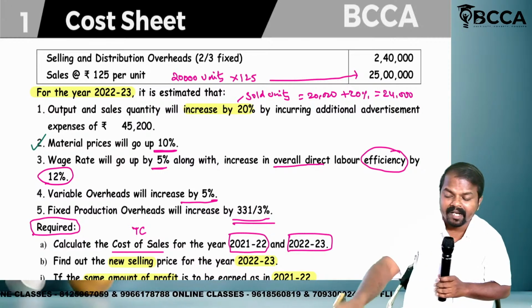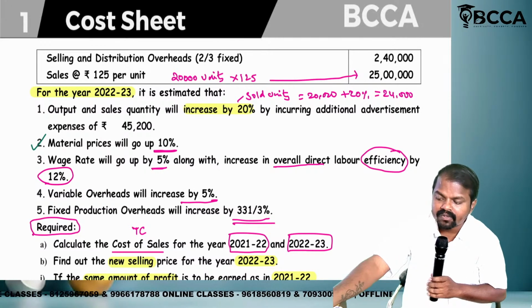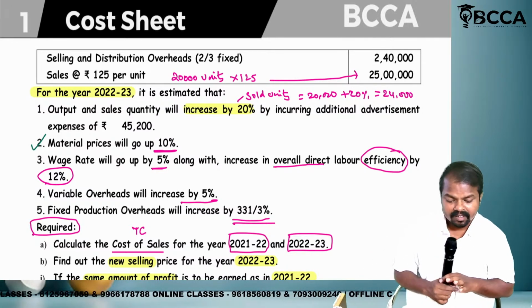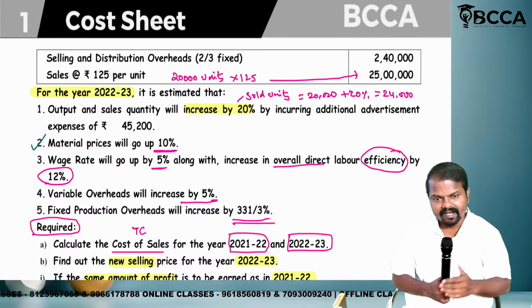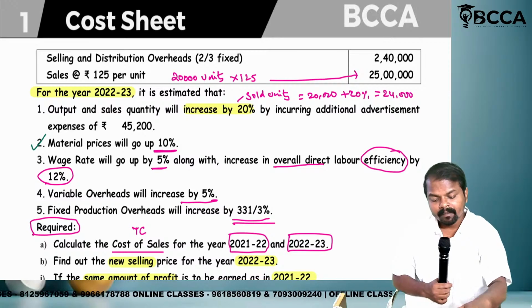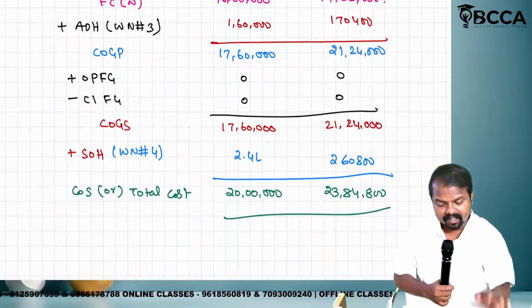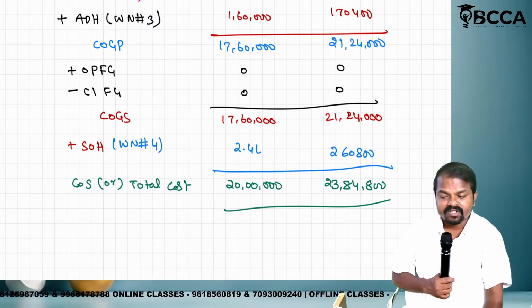How much? Like that, points number 3, 4, 5 information is given. They're asking to calculate cost of sales. We calculated cost of sales. How much?